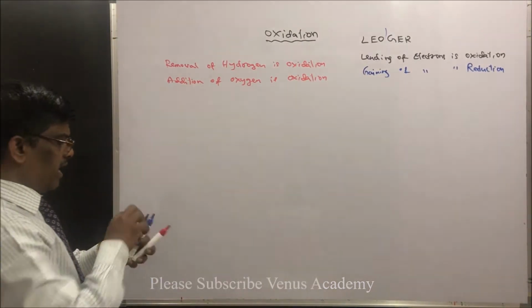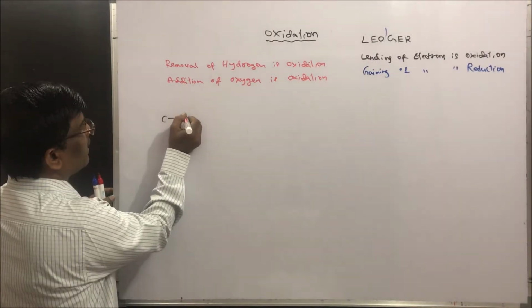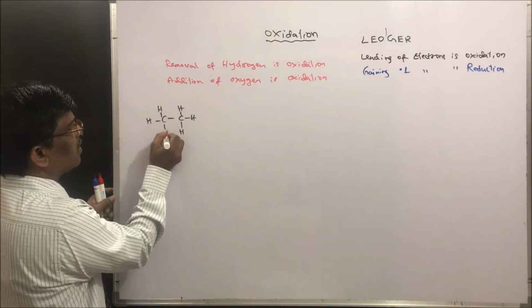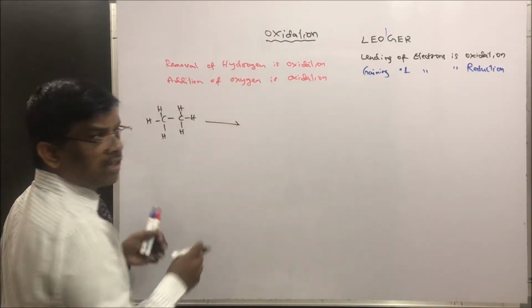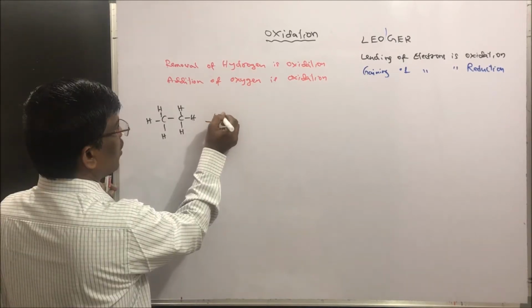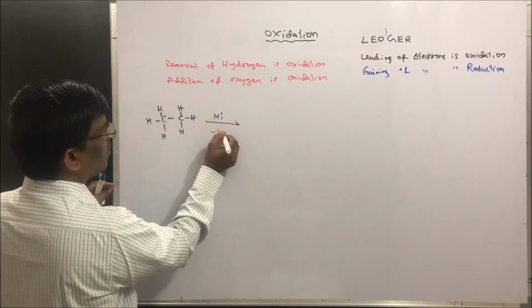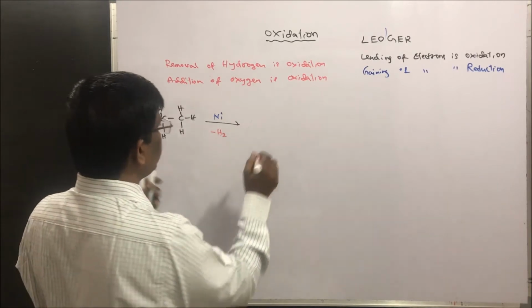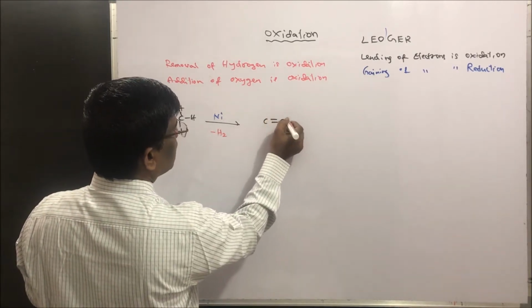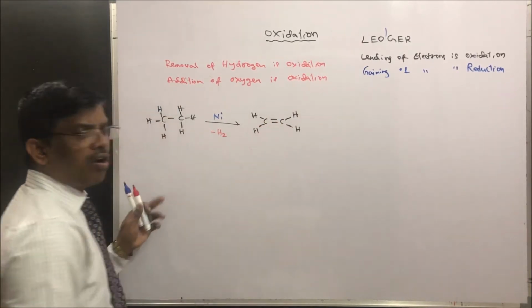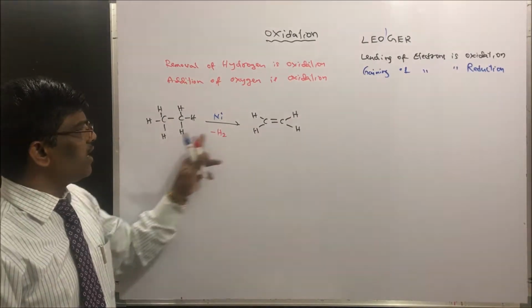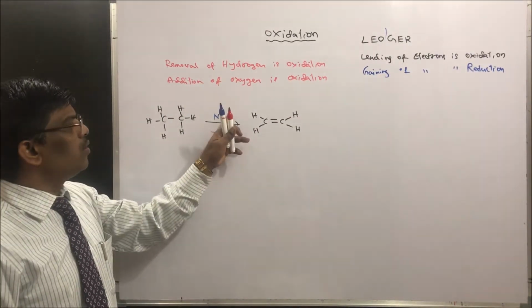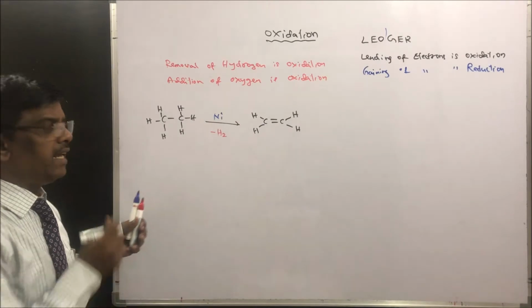Let us take one example. Ethane, when I treat it with nickel, is going to lose hydrogen and gives ethylene. This is oxidation. Oxidation of ethane to ethylene is done by using a transition metal like nickel.